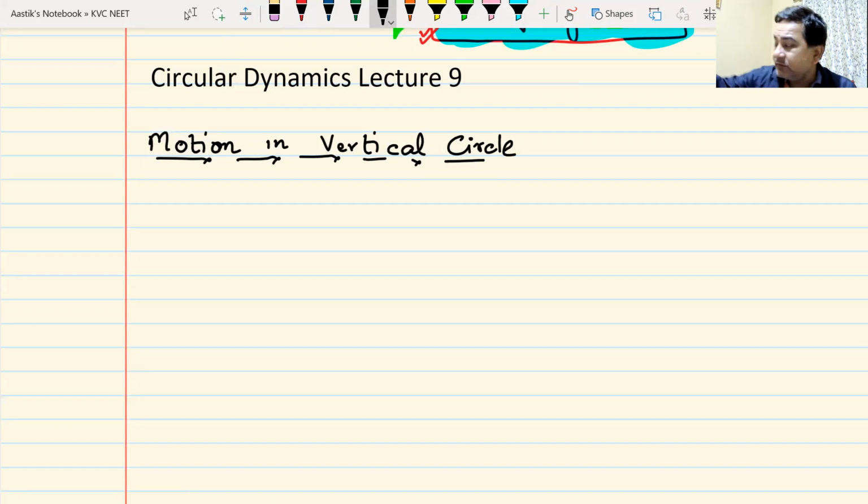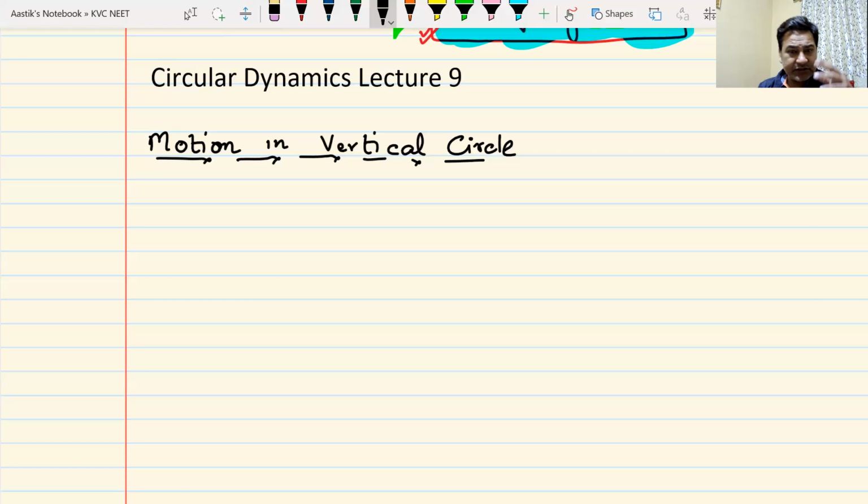So previously, motion was happening here on this plane. Now the motion will be happening on this plane, that you can directly draw on your sheet, where this becomes your vertical side. Motion in a vertical circle.